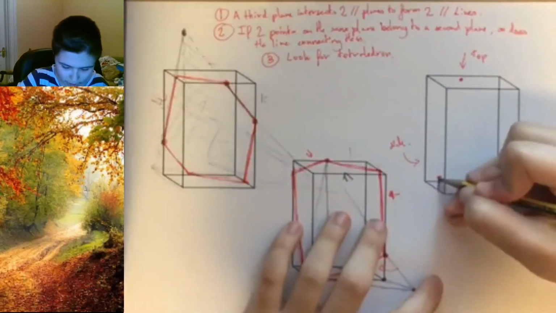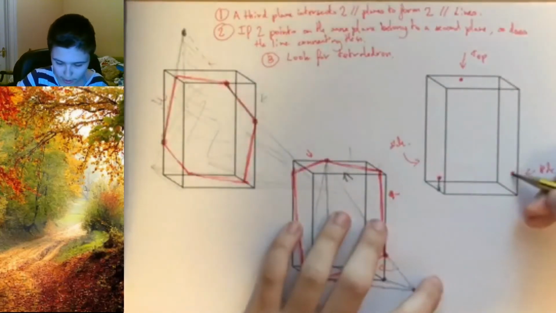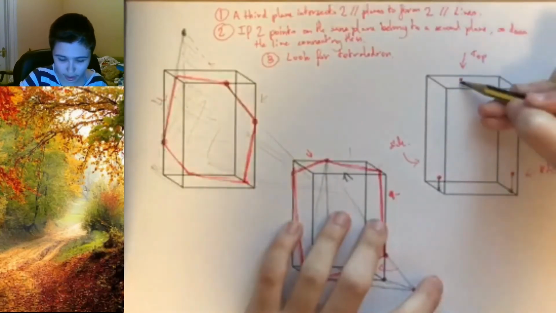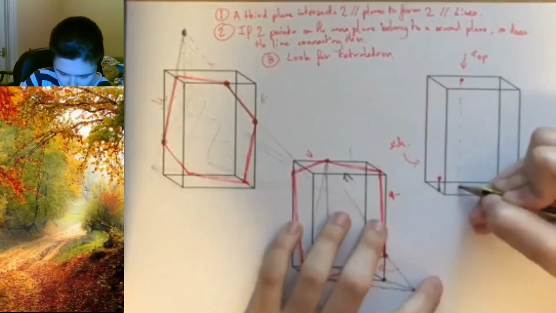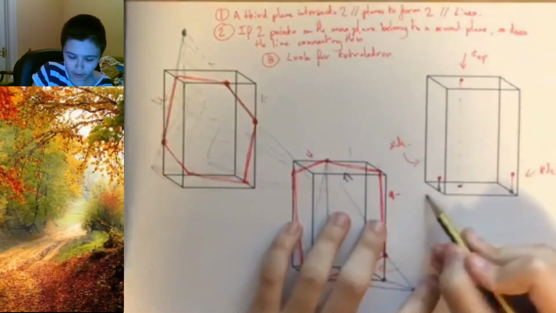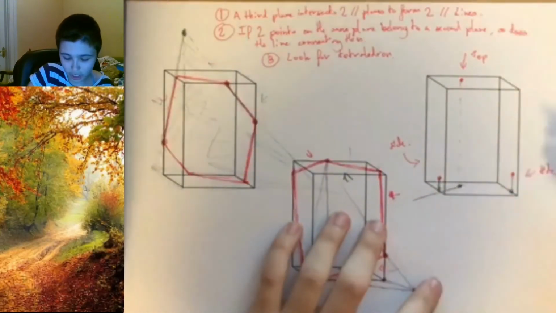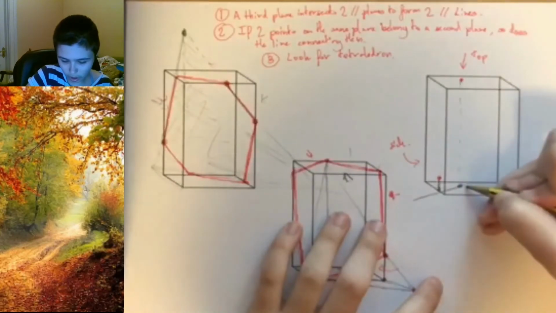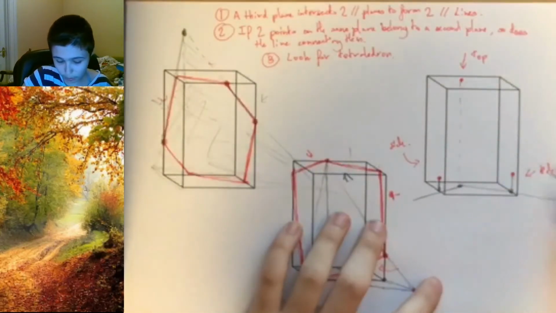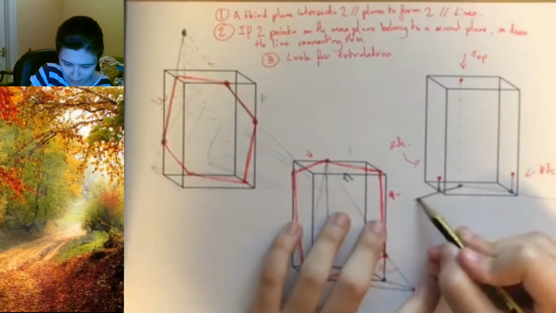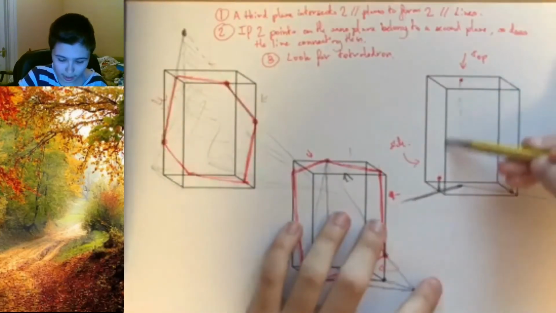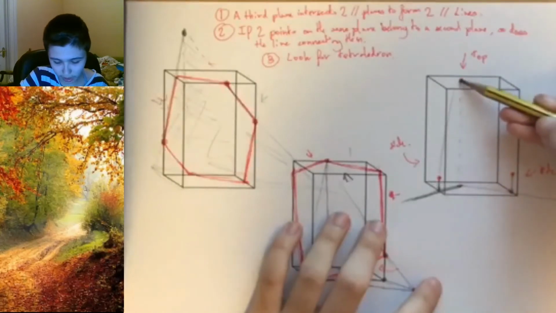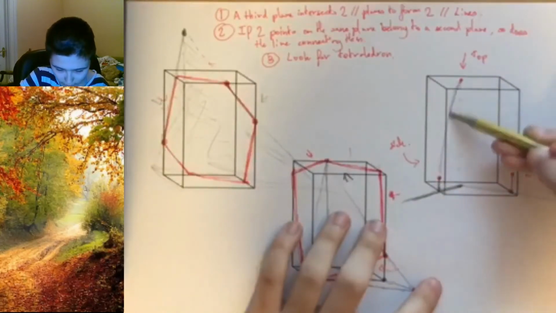This projects downwards onto this point, this projects downwards onto this point, this point projects downwards to somewhere like here. Connect the projections just like so. Oh no, this is a bad. And then connect non-projections to make your little tetrahedron thing.